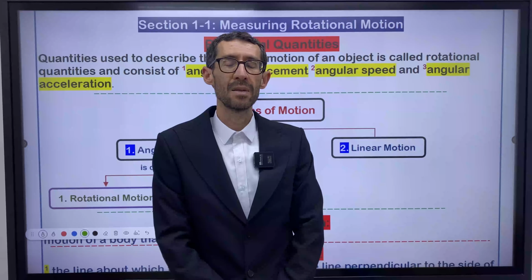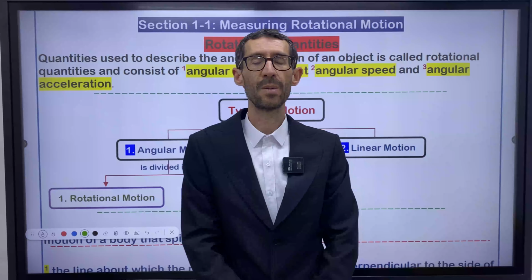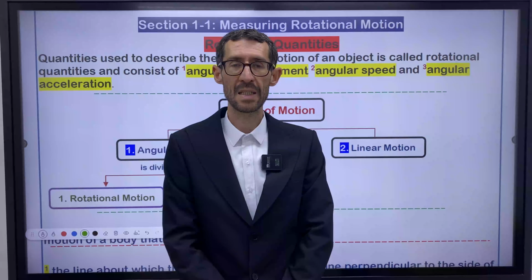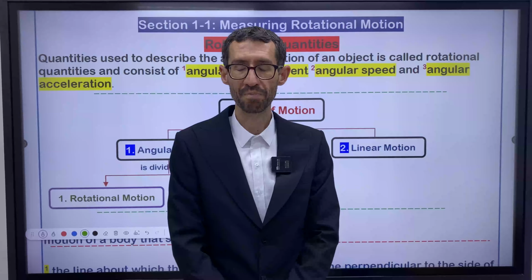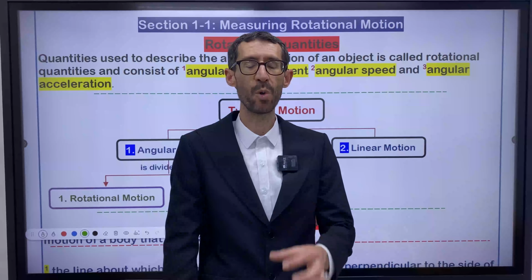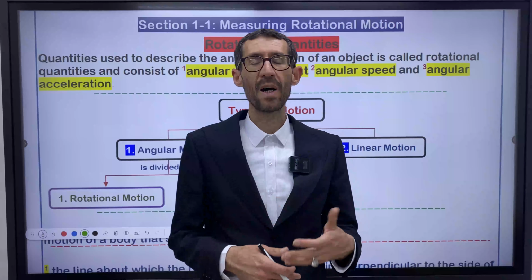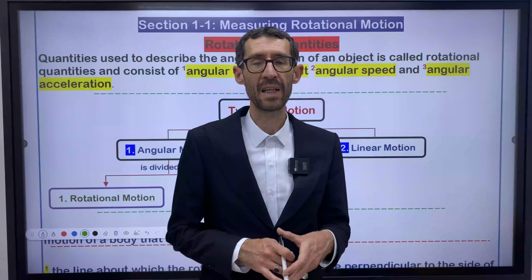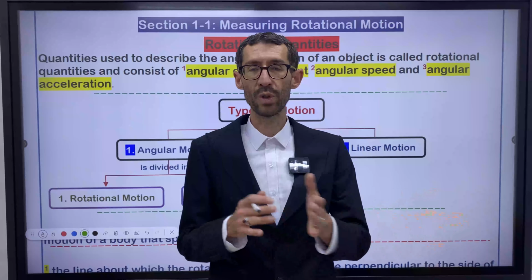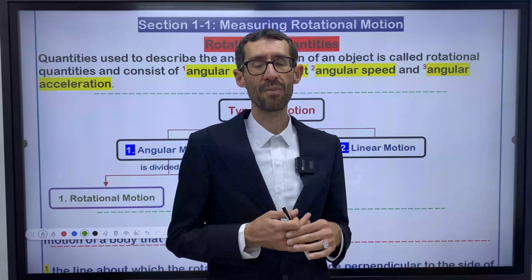In the previous year, we talked about the simplest type of motion, which is linear motion. We talked about linear motion in 1 dimension and in 2 dimensions.